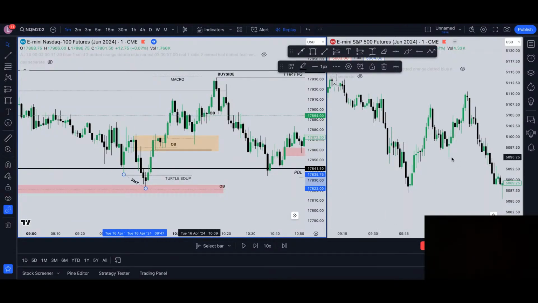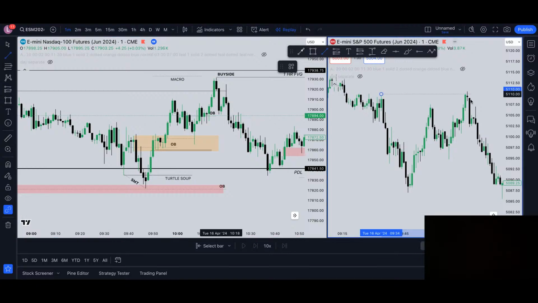Failure swing. Price going back and took the buy side over here. 10:16 candle, and this is 10:16 candle. So when you see on ES price rejected after taking the buy side and then displaced higher, cut your trade or move your stop loss to at least around these lows.